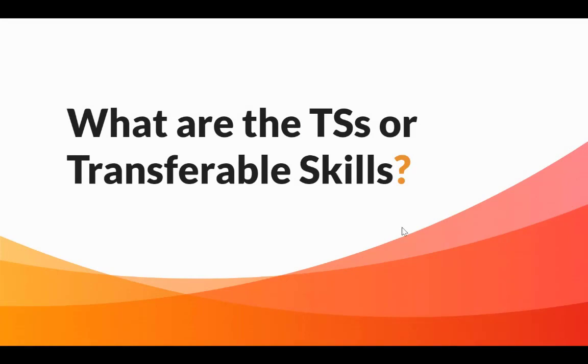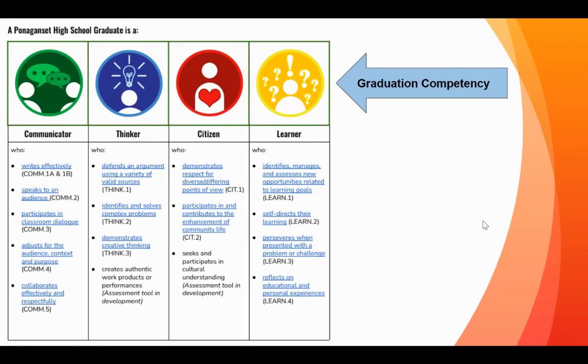What are the transferable skills, or TSs? Just a reminder, these 4 big badges are graduation competency badges. You must earn these to graduate. If you look at the system, it's starting to count them now. So don't sweat how far along you are necessarily, but you will see that one of the prompts asks you about these badges and progress you're making.